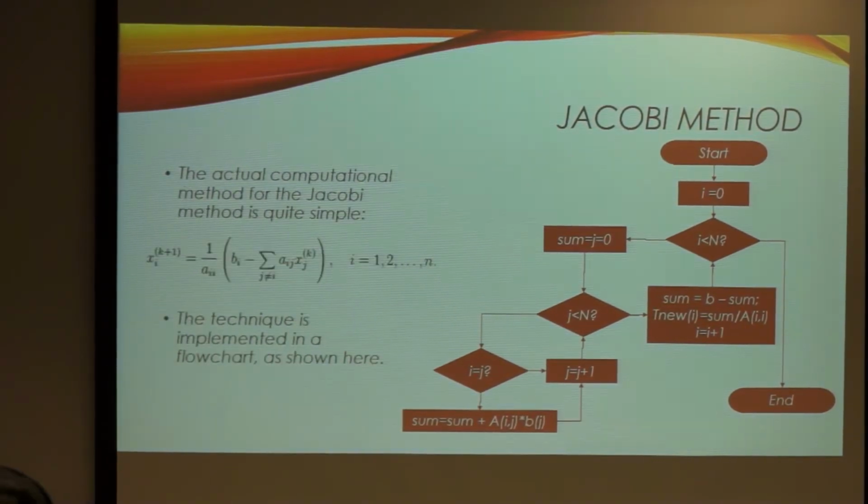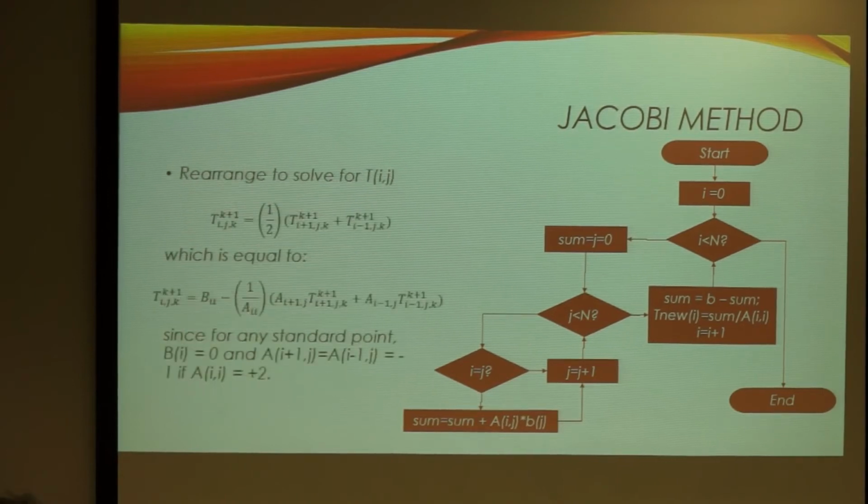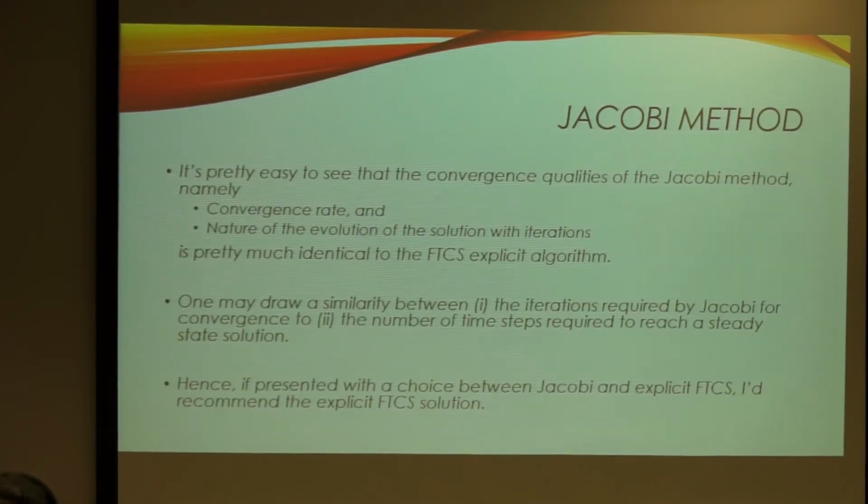So why do we do it? I mean, the convergent properties are the same. The only reason that we use Jacobi is that it's easily parallelized. But guess what? FTCS is also easily parallelized. So there's not much of a reason to do it. One may draw a similarity between the iterations required by Jacobi for convergence and the number of time steps required to reach a steady state solution using FTCS.